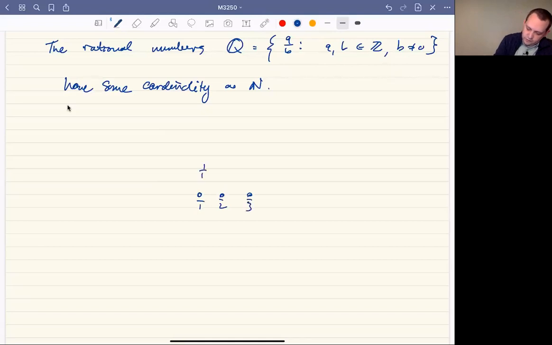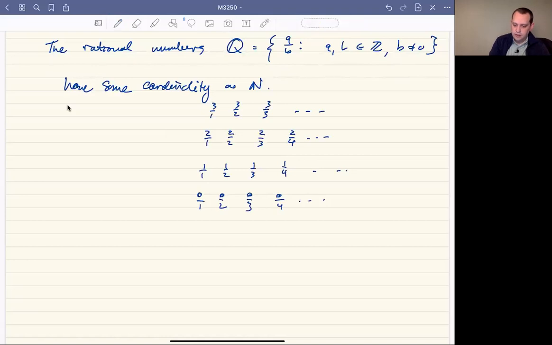And we're going to have 1 over 1, 1 over 2, 1 over 3, 1 over 4, and so on. And 2 over 1, 2 over 2, 2 over 3, and so on. I'm going to do this slightly differently than I do in the book. 3 over 1, 3 over 2, 3 over 3.